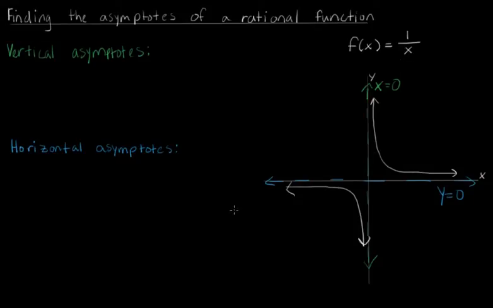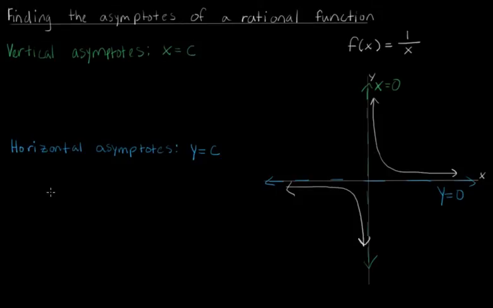But it's not going to actually equal 0. So it gets closer and closer to 0, but it never actually gets there. That's a horizontal asymptote. So horizontal asymptotes have the form y equals some number, and vertical asymptotes have the form x equals some number.